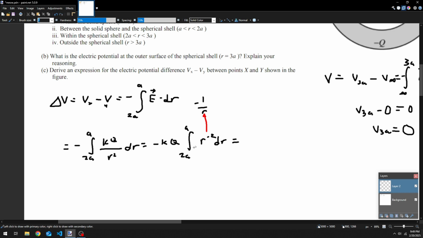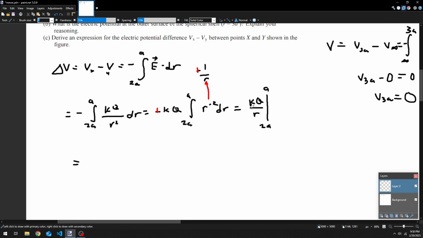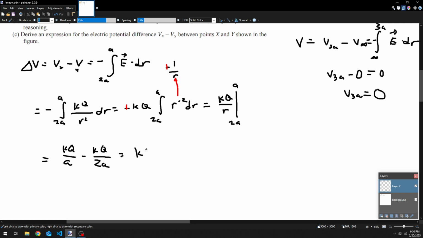And so we just multiply this by the integral of this. These negatives will cancel out, so we should just have kq over r from 2a to a, and so this will equal kq over a minus kq over 2a. We can factor out kq, 1 over a minus 1 over 2a, and I think that's the right answer.